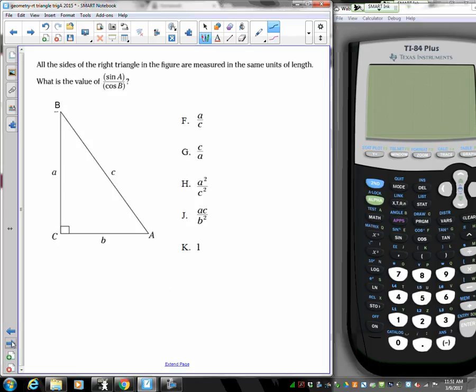Okay, now the next one says all the sides of the right triangle are in the same units of length. What is the sine of A divided by the cosine of B? Okay, so let's look.